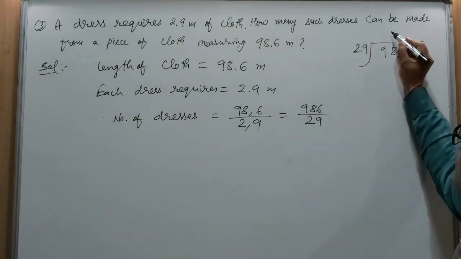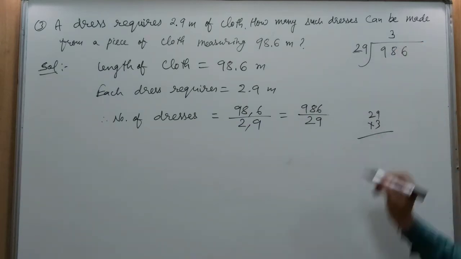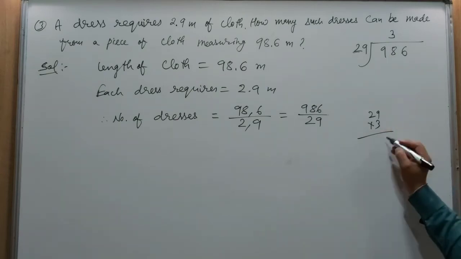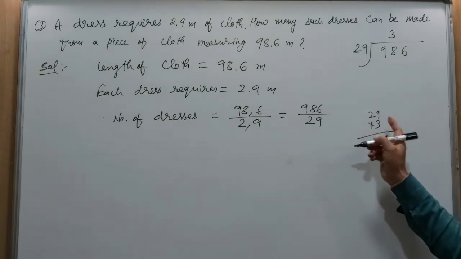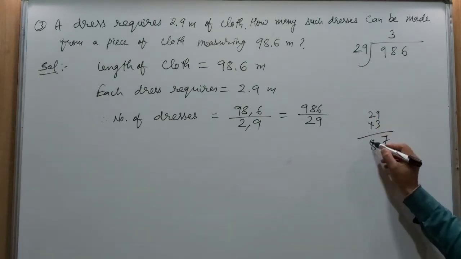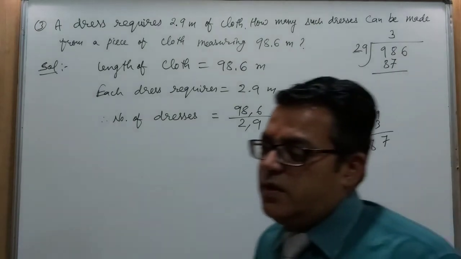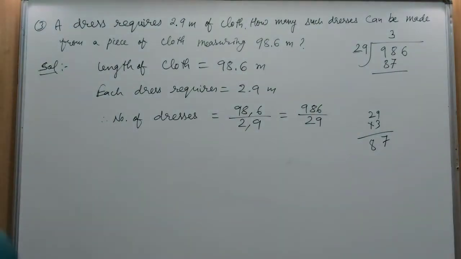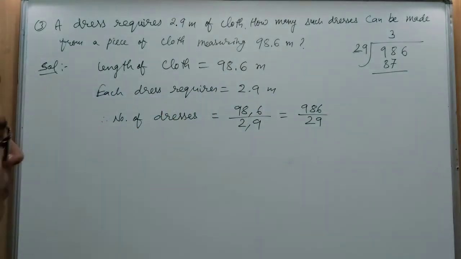So 3 times it will go. You can check it by multiplying 29 with 3. 9 threes are 27, 2 is carry, 2 threes are 6, and 2 makes 8. So 87 will come here. And we know that 87 is just near to 98. That's why 3 times we can divide it.